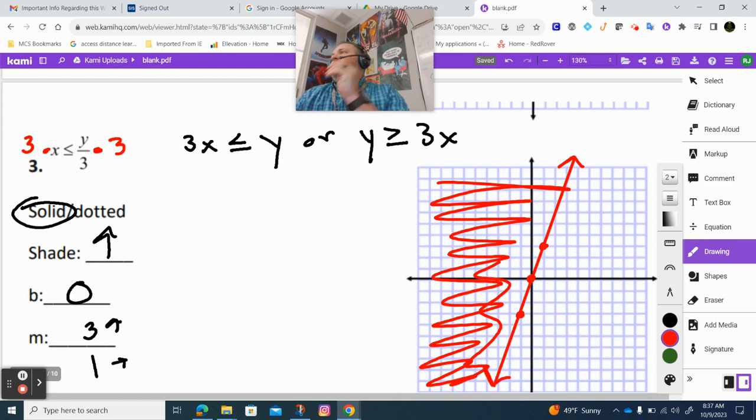Now, here's the deal. We're finding all these shaded areas. These are possible answers. Okay. Basically, think of it like this. Points that are in the shaded area are invited to the party. Points that are not inside the shaded area are not invited to the party.